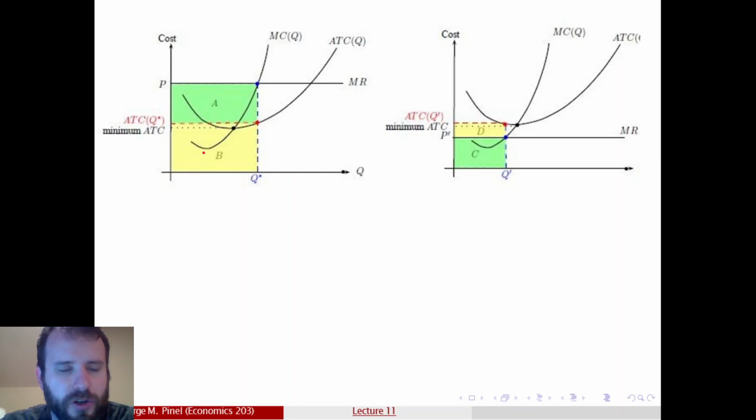So total revenue minus total cost is A minus B. So your profit is going to be A. In this one, your total revenue is also P times Q, which is C. Your total cost is your average total cost times your Q, so that'll be D plus C. So your profit is going to be C minus D, which will be negative. Your costs are higher than your revenue.